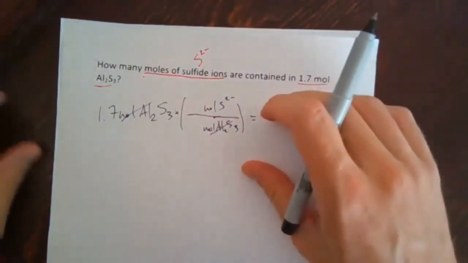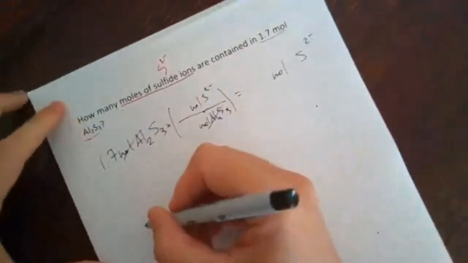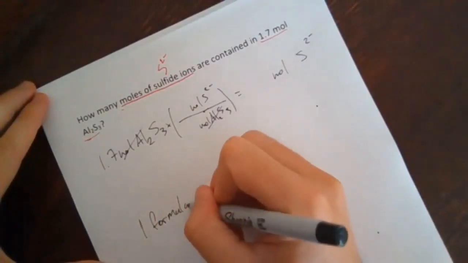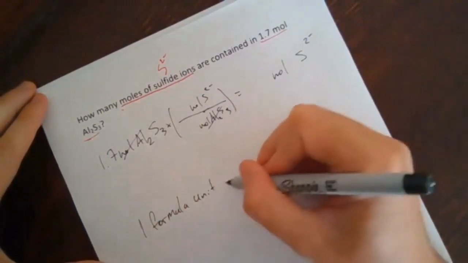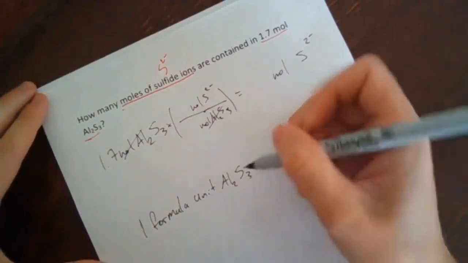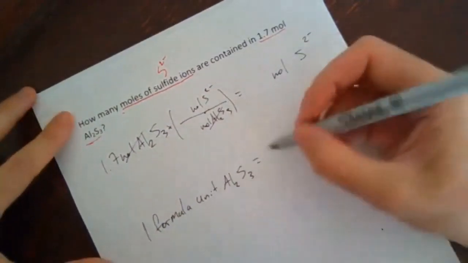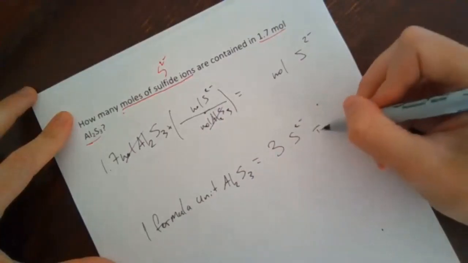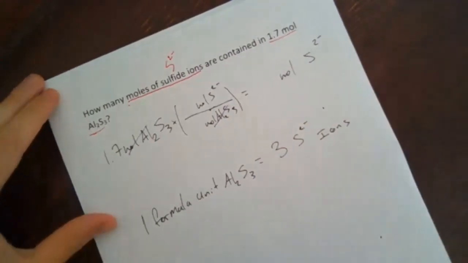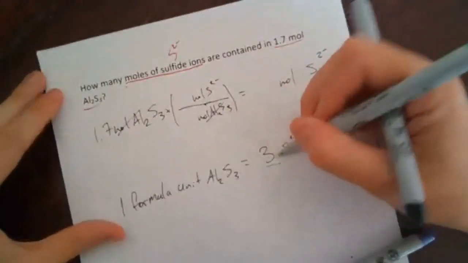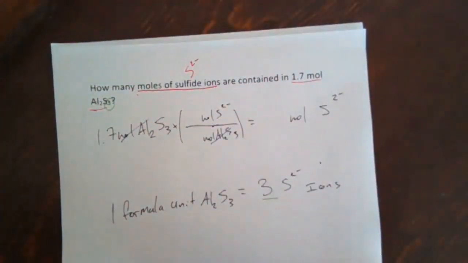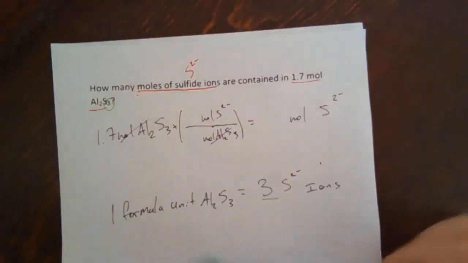So we see that previously we would have said that one formula unit, similar to a molecule because it's ionic, of Al2S3 contains 3 S2 minus ions, where this 3 comes from right there in the molecular formula. So that's similar to what we did in an earlier example.